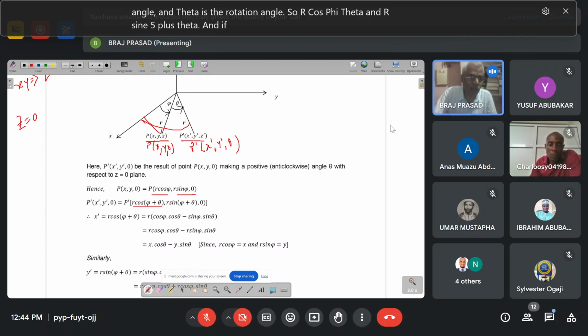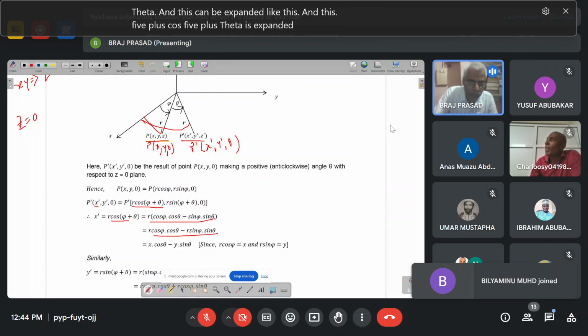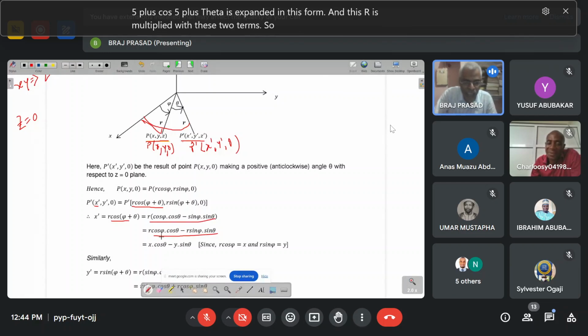And if we expand all these things as earlier, then x dash is equal to r cos phi plus theta, and cos phi plus theta can be expanded in this form, and r is multiplied with these two terms, so we get this. r cos phi is x, and r sin phi is y.